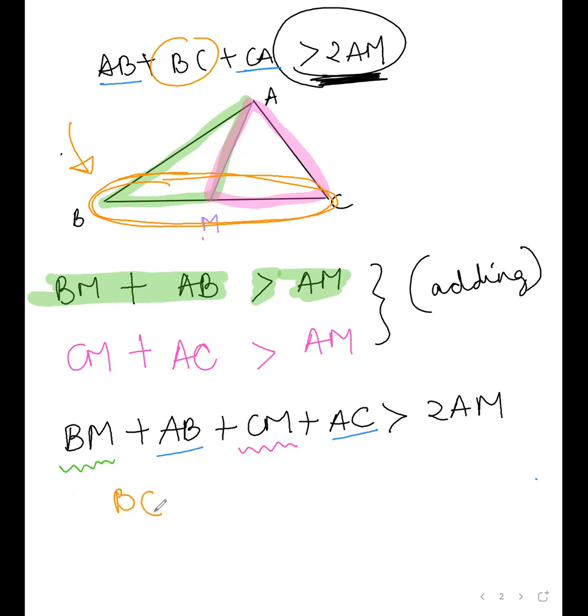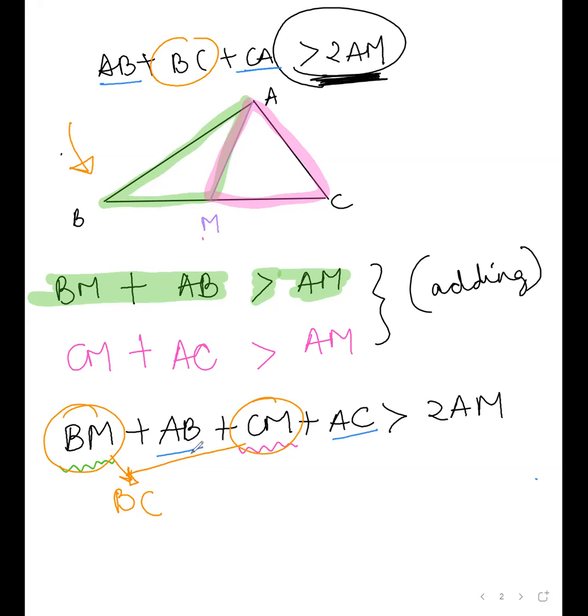It gives you BC. BC is this length, Hiba, this length. So what will be BM plus CM? BM plus CM is BC. Oh, okay, understand now.